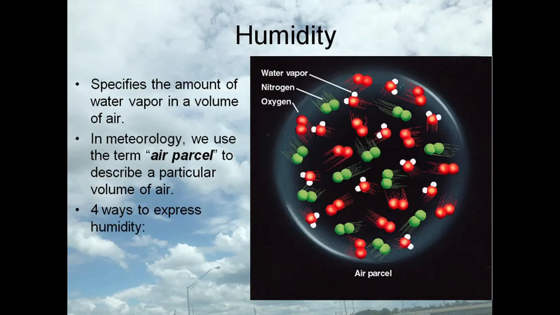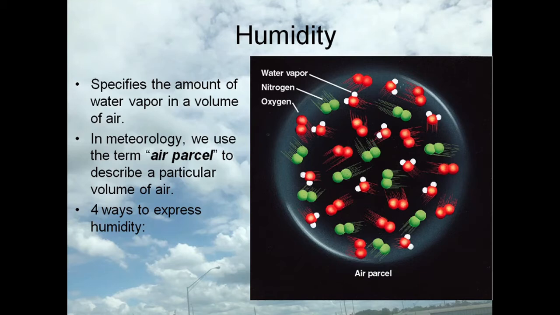All right, humidity specifies the amount of water vapor in a volume of air. Like we keep talking about an air parcel, it can be any size. Just take an example of a basketball. There's our air parcel. How much water vapor is in that air?